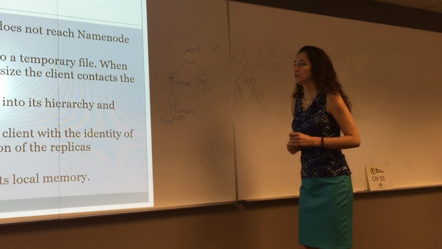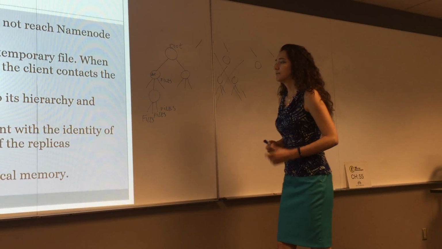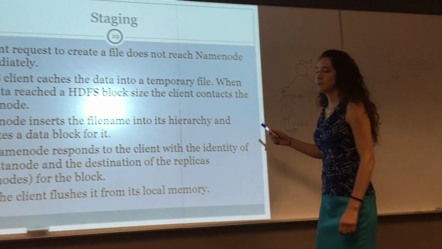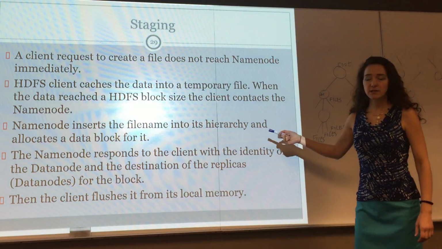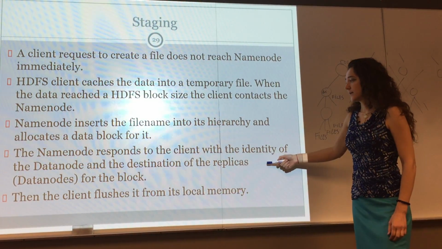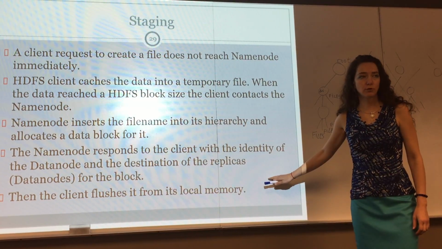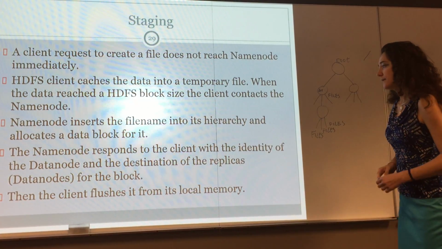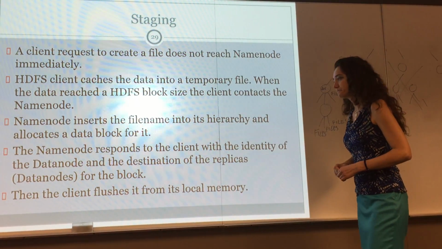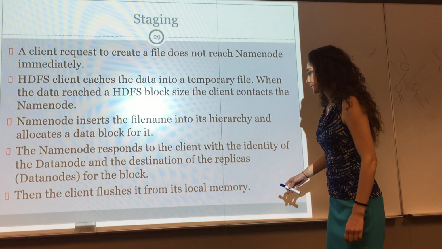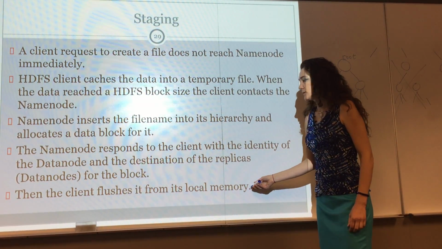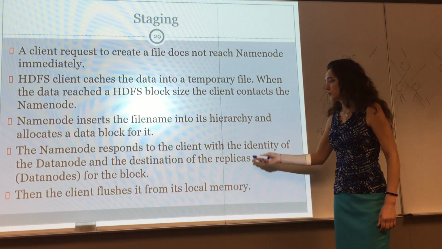Then the name node will respond to the client with the identity of the data node where this block is supposed to be physically stored, and also where all the copies of this block should be stored. And then the client sends it from its local memory to the data node.